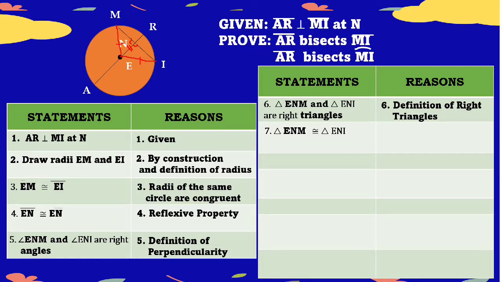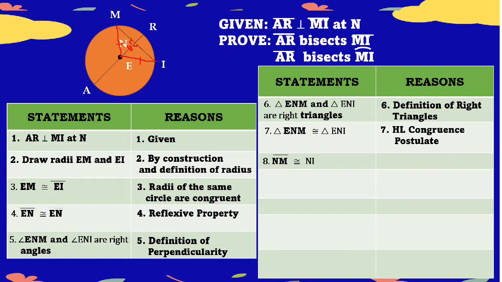Number 7, triangle ENM is congruent to triangle ENI. What is the reason? We use here the HL congruence postulate. In a right triangle, if two triangles have congruent hypotenuse and one of their legs, then the two triangles are also congruent.